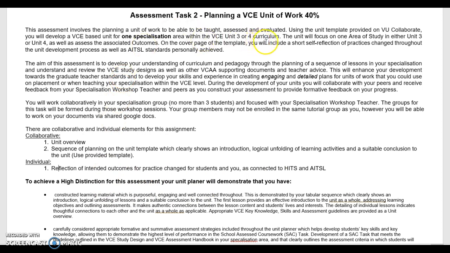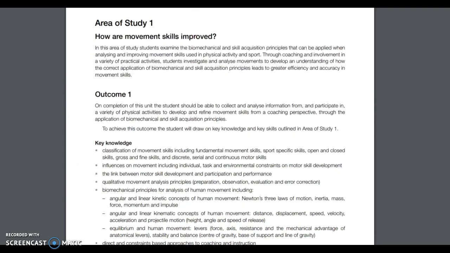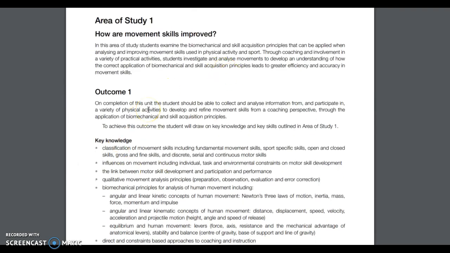So the unit is going to focus on one area of study in either Unit 3 or Unit 4, so you can choose which one, as well as assess the associated outcomes. Now, this is going to mean a couple of different things depending on your specialisation. You can discuss this with your specialisation teacher, but for an example, if I was to look at PE, look at Unit 3, we have the first area of study in Unit 3, how are movement skills improved.